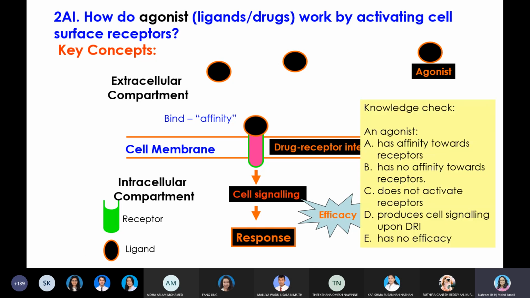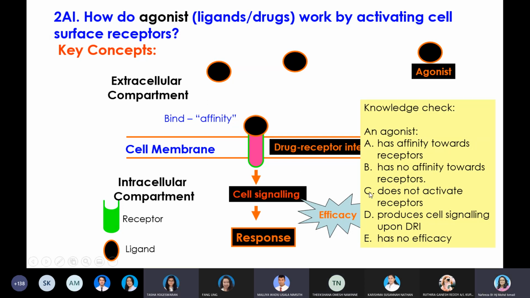So knowledge check. I want you to answer me. An agonist, A, has affinity towards receptors, yes or no? Yes. Very good. B, has no affinity towards receptors, right or wrong? Wrong. C, does not activate receptors, right or wrong?